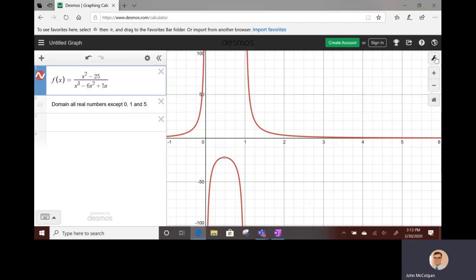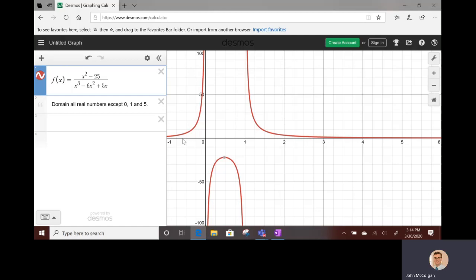Okay, so a couple of things, right? We know the domain is all real numbers except 0, 1, and 5. And what I would do if I were you is start tracing the function and see what happens as we get closer and closer to 0. It looks to me like, as the x values get closer and closer to 0, the y values are becoming bigger and bigger and bigger.